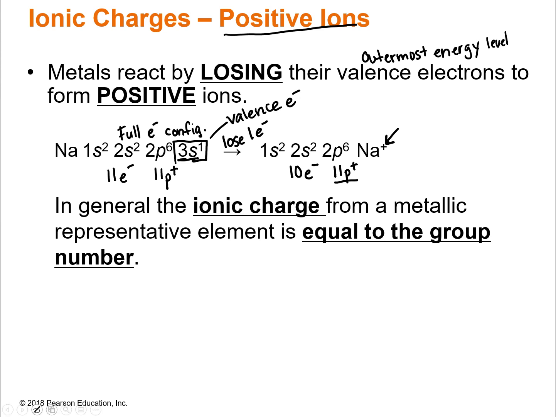Notice how that electron in the 3s is gone. So let me know if you're still with me. We got rid of the valence electron for sodium to form a positive ion. Does that make sense?